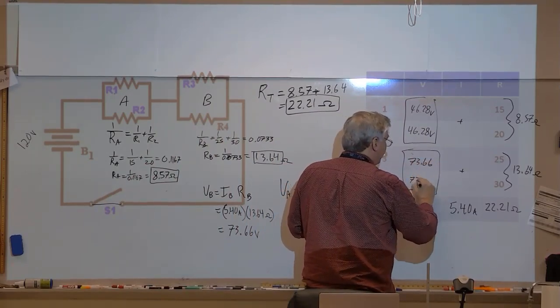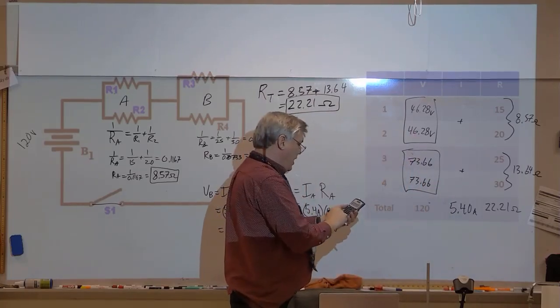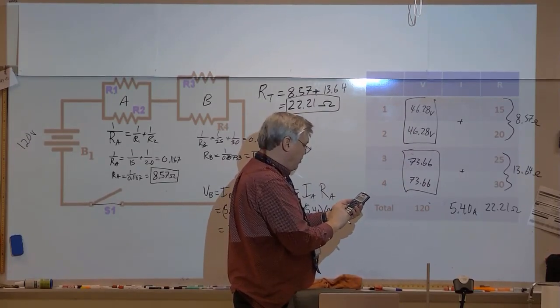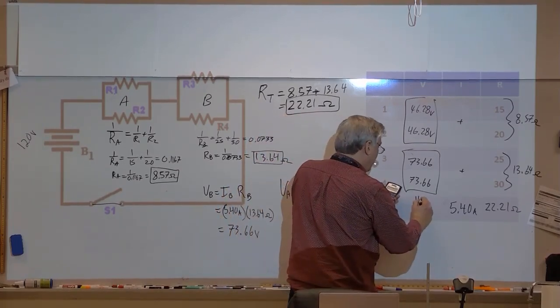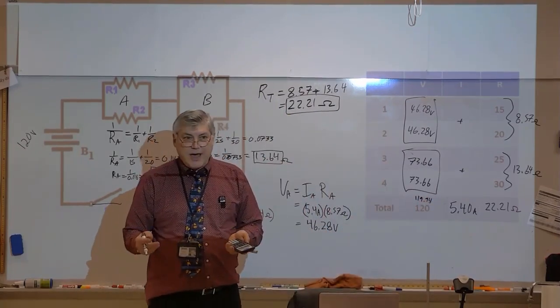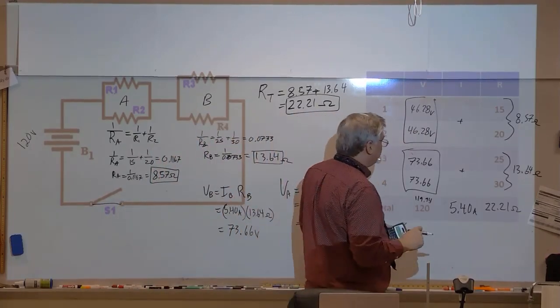Now, if I add these two together, I should get 120. 73.66 plus 46.28, and what I get is 119.94. So there's a little bit of rounding in that fifth significant figure. It shouldn't really affect your answer too much.